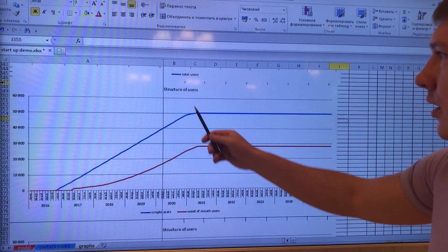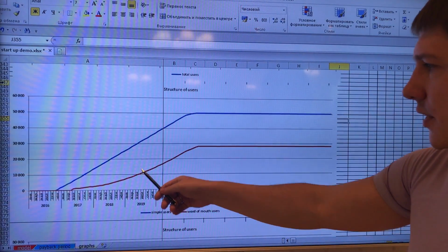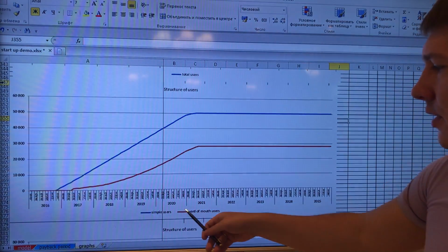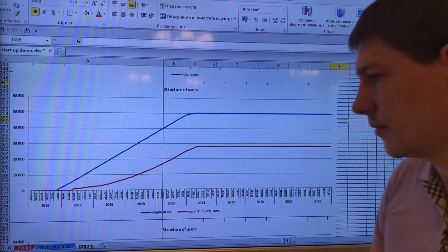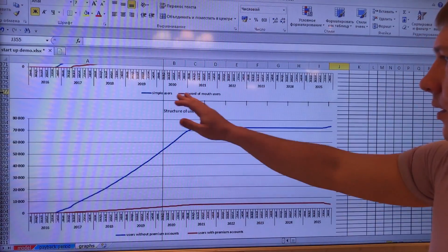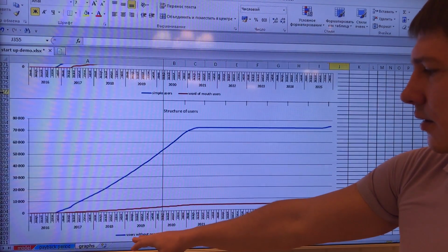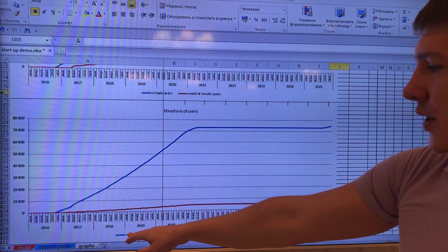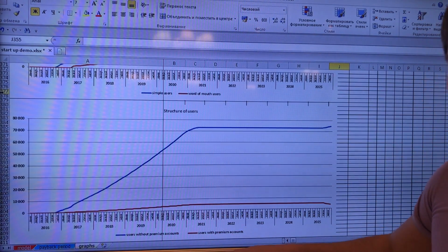Here we group our users among simple users and word-of-mouth users. Here we group our users among users with premium accounts and without premium accounts.